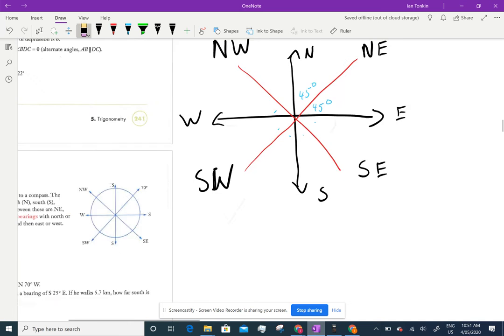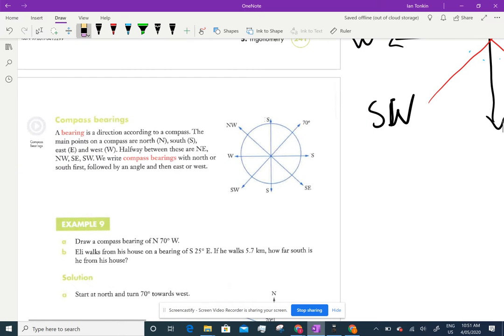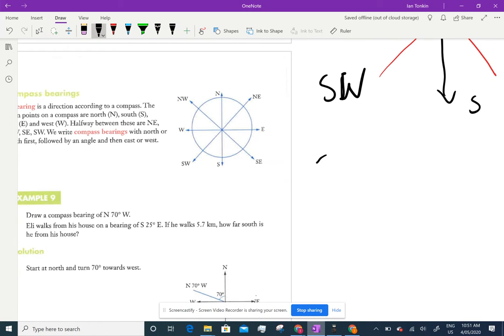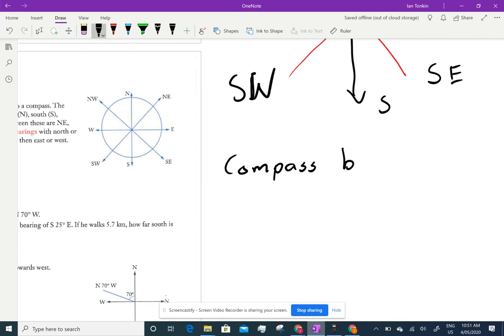Now, how do we give a compass bearing? Well, and you need to write these in your notes, and write this down somewhere, a compass bearing is always an acute angle.